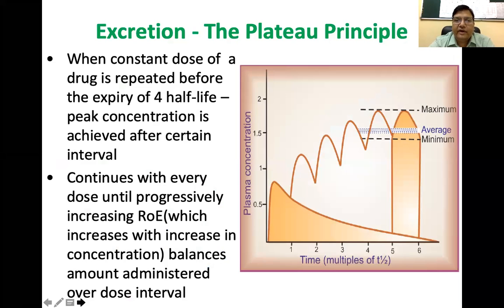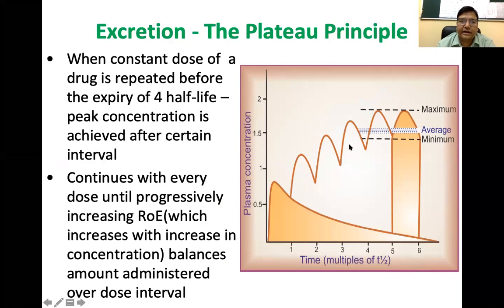Then again, a very important principle is the plateau principle, where if we repeat a constant dose before the expiry of the fourth half-life, peak concentration is achieved after a certain interval.